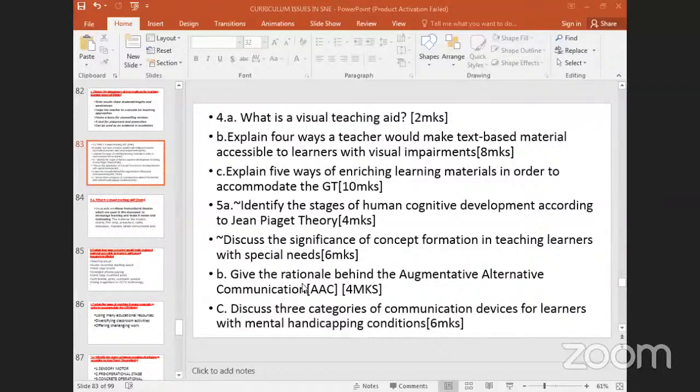Give the rationale behind the augmentative alternative communication, AAC. Yes?